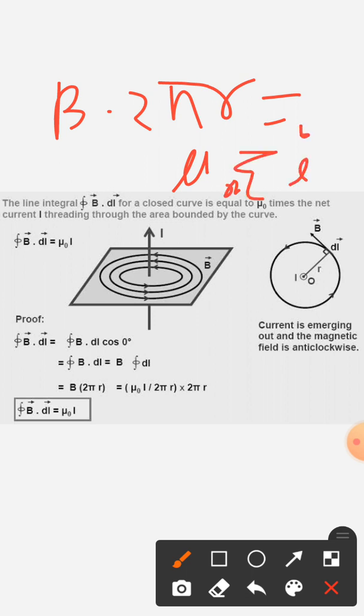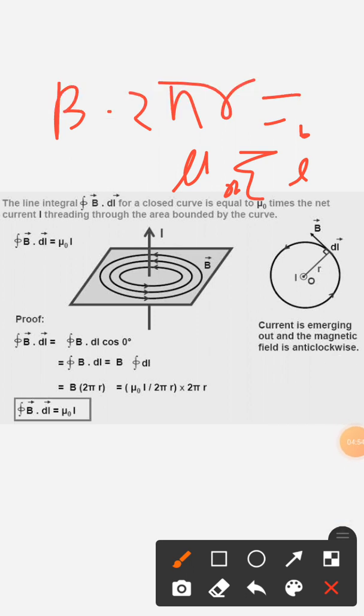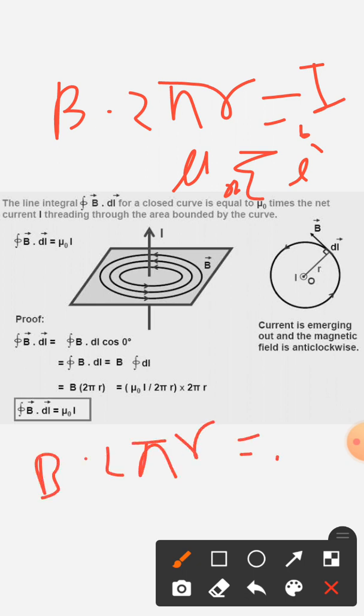Here we have only the single wire, so the summation I will be capital I. So B 2 pi r equals mu 0 I. Now we are interested to find the value of the magnetic field.